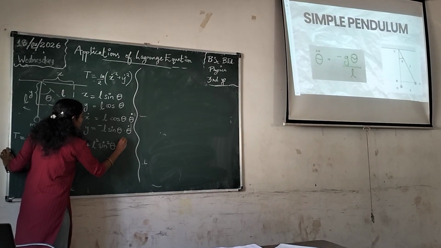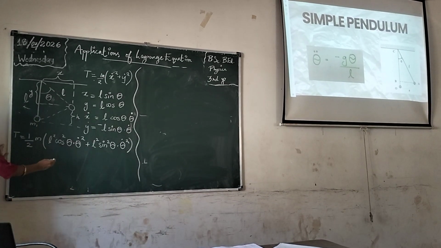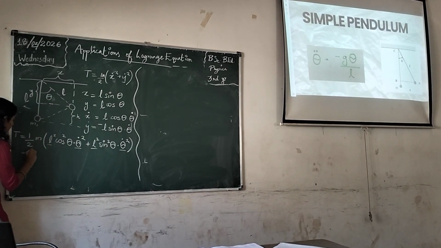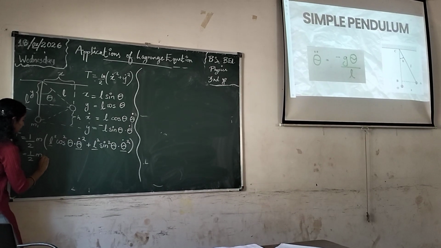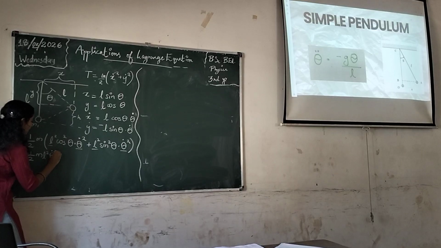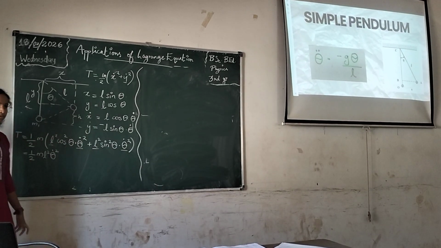So this is our T. From this we can take these common things outside. So it will be half m L square theta dot square. Inside we will have cos square theta plus sin square theta is equal to 1. So this is our kinetic energy.